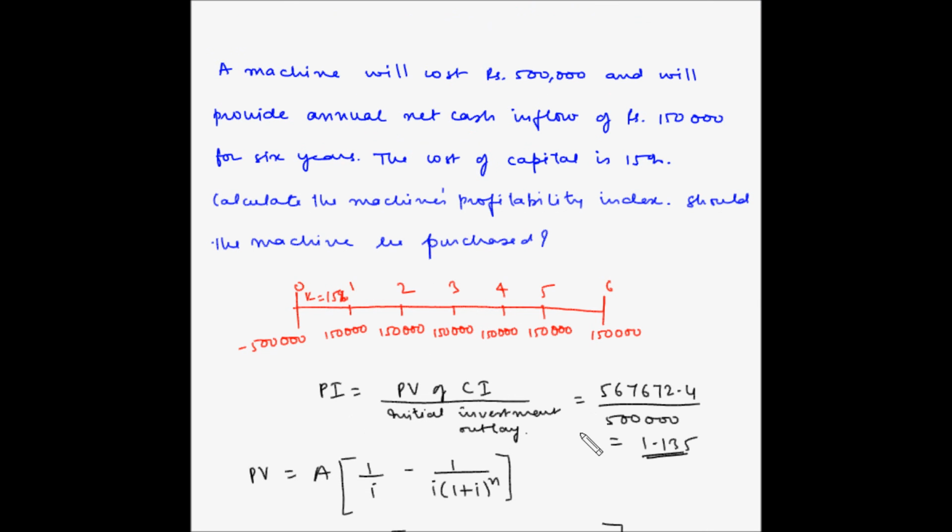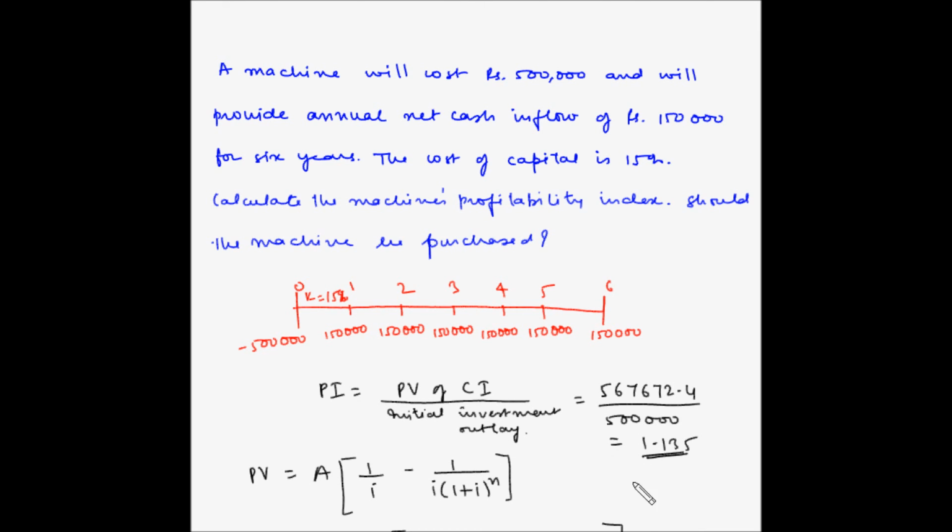Now as you can note, I have not taken the negative sign here for the initial investment outlay during the calculations, because this negative sign on the time scale is a representation that this is a cash outflow. However, when we are calculating the profitability index, we will have to consider the absolute value.